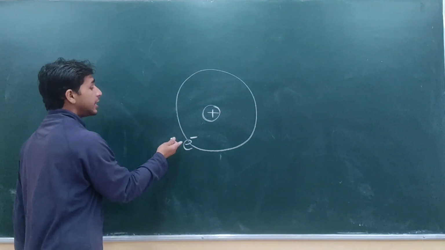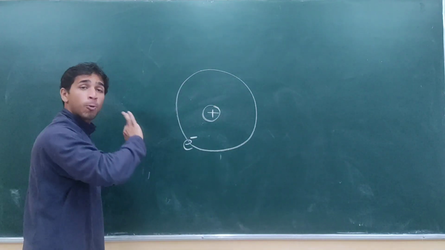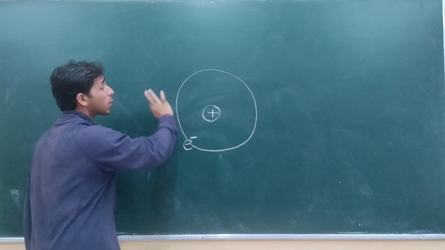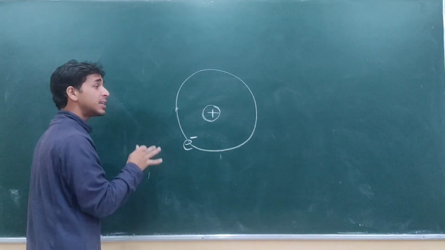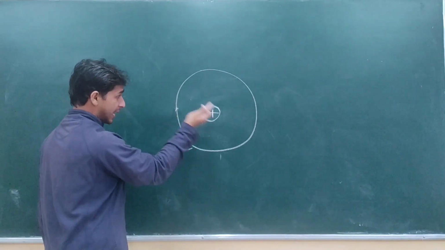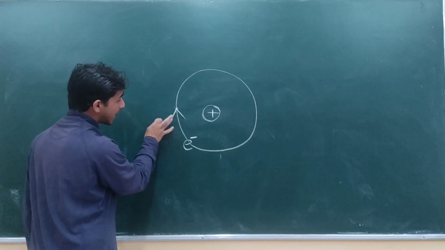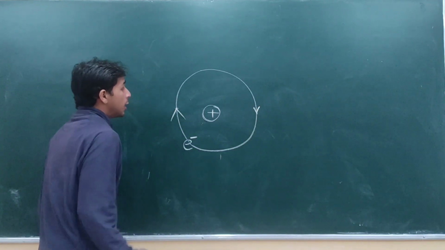If the electron is circulating clockwise, then we have to take the direction of the electron at this point like this, and at this point like this.